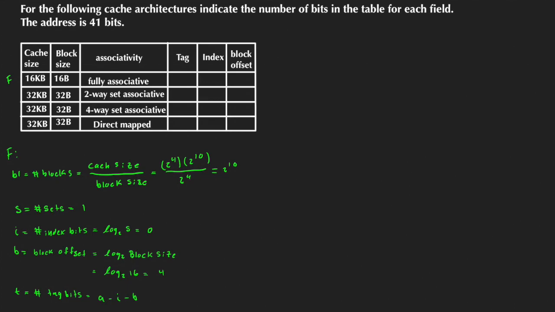So that's going to be 41, which was the address provided. So I'm going to write this A, which is our address bits, is 41, minus I, which is 0, minus our block offset, B, which is 4. And that's going to give us 37.